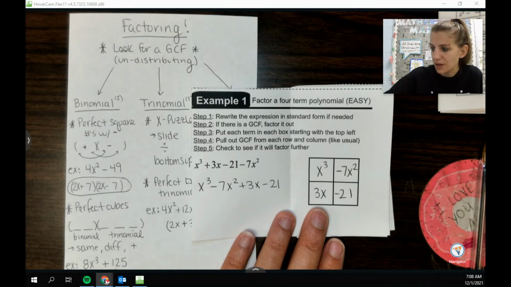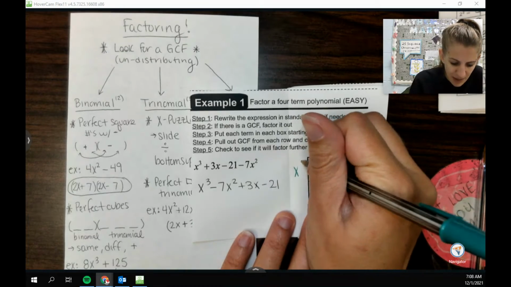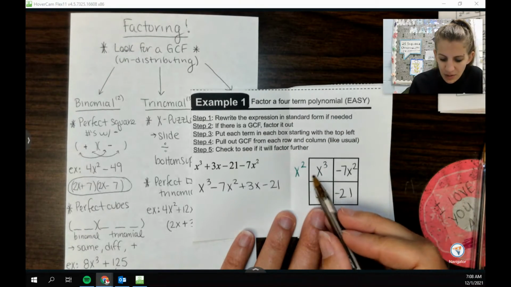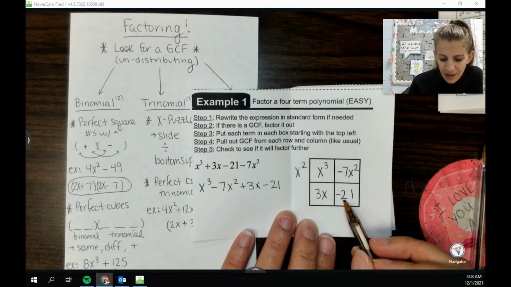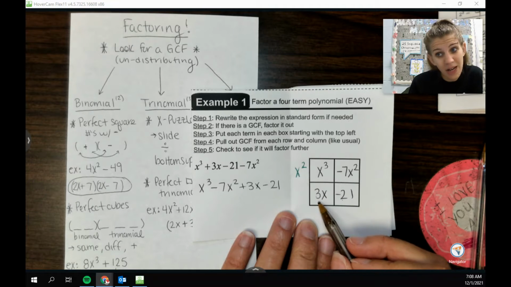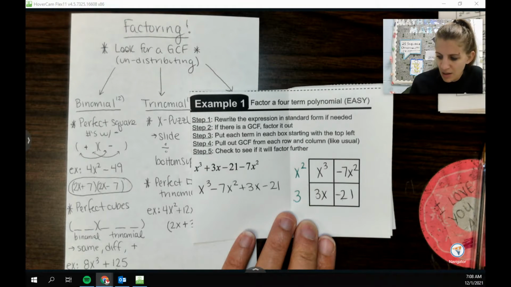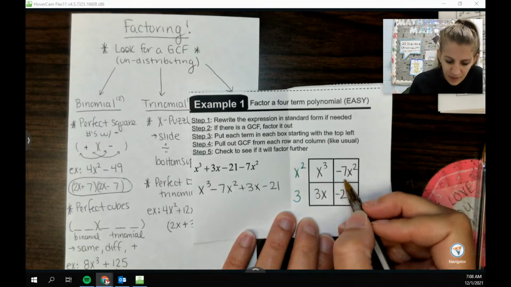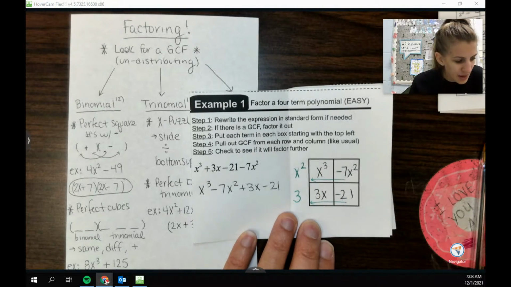Actually, I'm going to do this in a different color. So these 2 have an x squared in common. Looking down here, these 2 have a 3 in common. So that was kind of going this way on those.